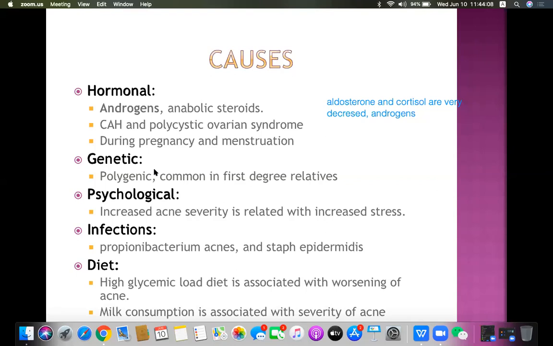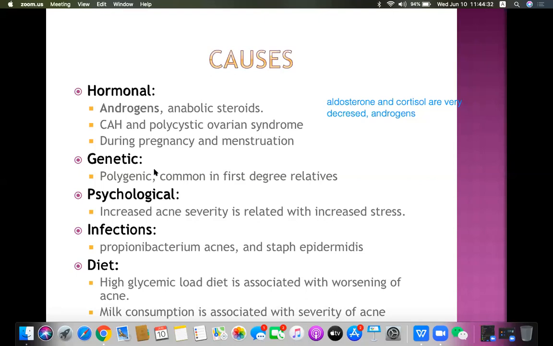Psychological factors are other causes. It is associated with increased stress, and this is a very known fact. Now let me explain this in some easy way. If you do not sleep well, for example, tomorrow is your final exam or end semester exam, and you already are a patient of acne, you do not sleep.